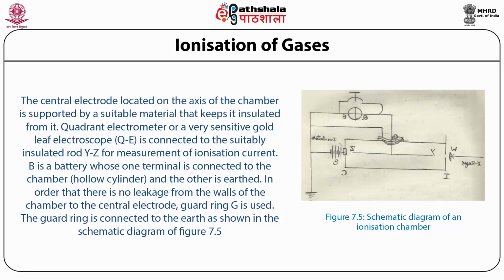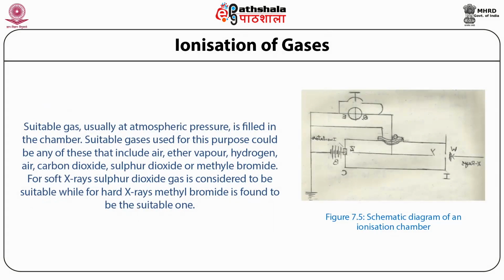B is a battery whose one terminal is connected to the chamber, which is a hollow cylinder, and the other is earthed. In order that there is no leakage from the walls of the chamber to the central electrode, guard ring G is used. The guard ring is connected to the earth as is shown in the schematic diagram of figure 7.5. Suitable gas, usually at atmospheric pressure, is filled in the chamber.